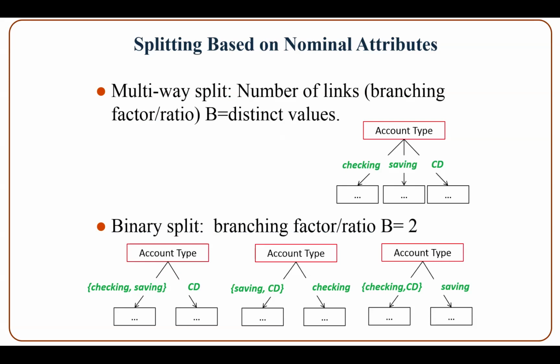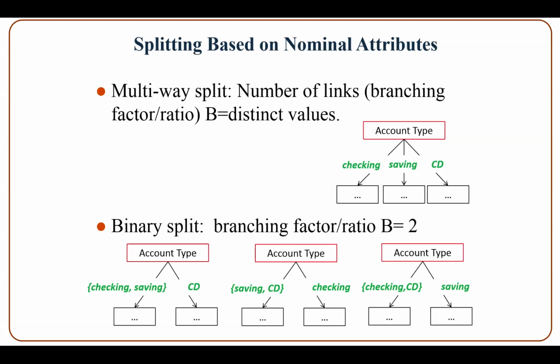If it is multi-way split, then the number of links B is equal to the number of distinct values. For example, in the insurance dataset, the attribute account type may contain 3 distinct values: checking, saving, and CD.